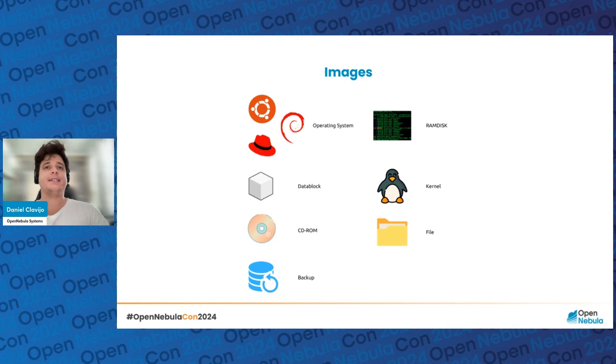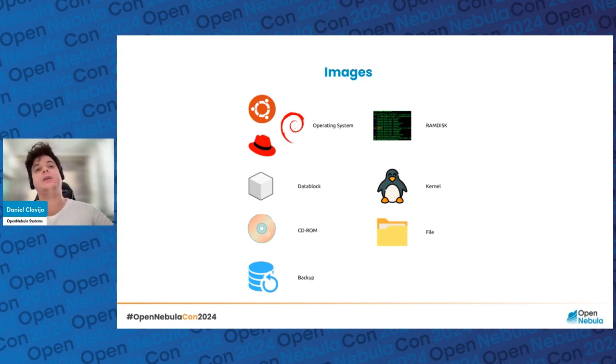Next, let's take a look at what kind of images we can deal with in OpenNebula and the purpose of each. We have the basic image type, the operating system image. You define this on a VM template, and then you can create a virtual machine based on the operating system that you define. This is basically the root file system that will be used to run the operating system.